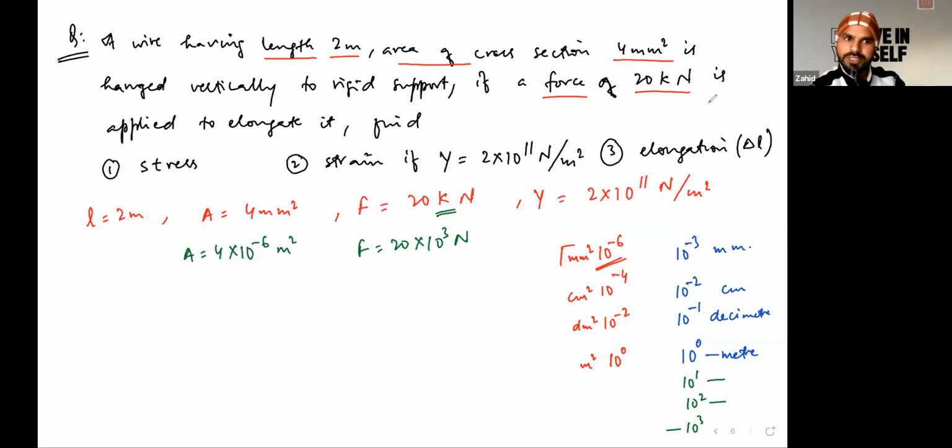First, write the formula for stress. Stress equals force by area. Now put the value of force and area of cross section, then simplify it.